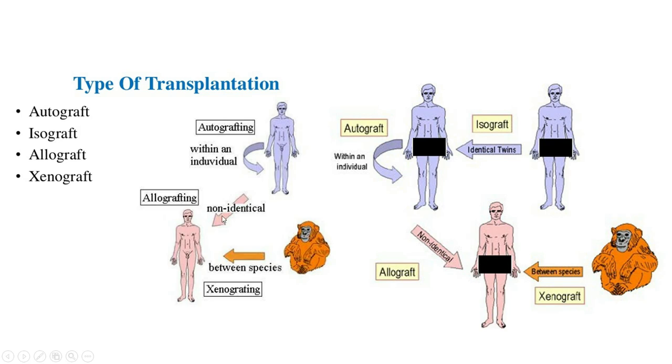Okay, and this allografting is not only taken from a cadaver. There is a concept called living donor. Living donor means, suppose we are going to do hip replacement or knee replacement. These are the two most common operations done by orthopedic surgeons nowadays. At least 80 to 100 replacements are done in a normal day in a metro city.